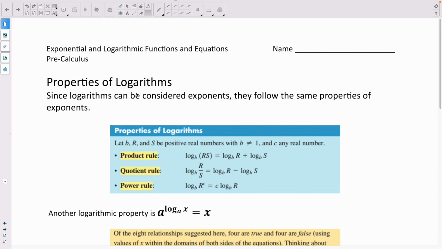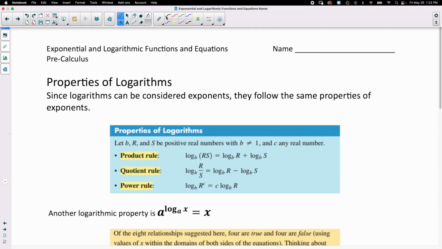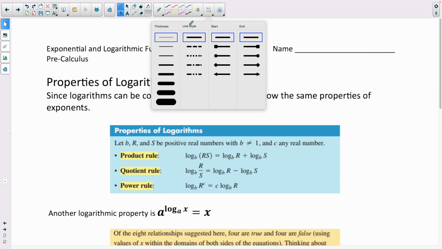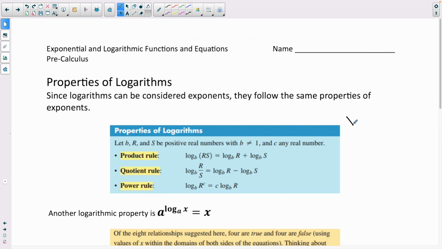of logarithms. And so since logarithms can be considered exponents, they follow the same properties of exponents. So I just want to review real quickly. If we had x to the a times x to the b, our final answer would be x to the a plus b.